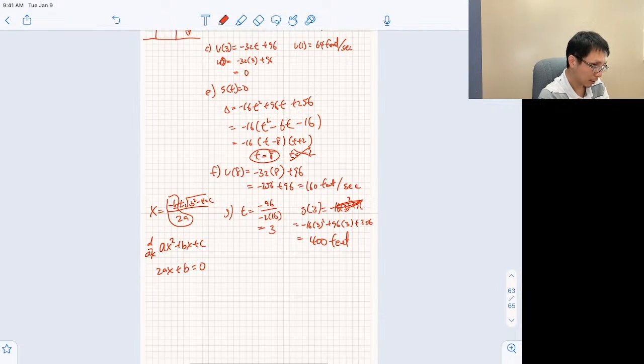Solve for x: negative b over 2a. Same thing. That's where the negative b over 2a comes from. It's not from nowhere. In Algebra 2 we know negative b over 2a is the axis of symmetry, but we don't know that calculus can do it in the same way. So those are the things that you have to understand.